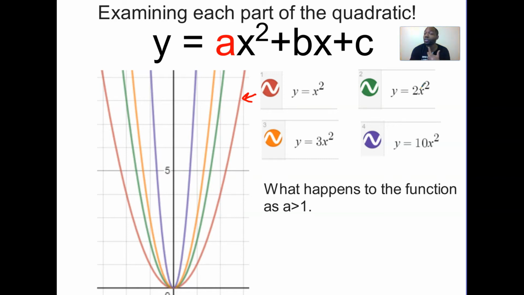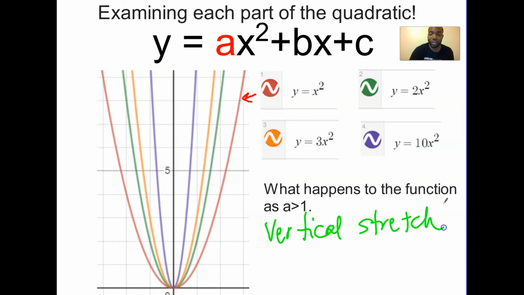You should see that the parabola is becoming narrower. You start off with this, and then it gets narrower. This is called a vertical stretch. It's called a vertical stretch because when you stretch something out, it's getting skinnier.